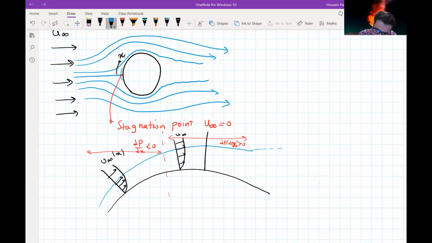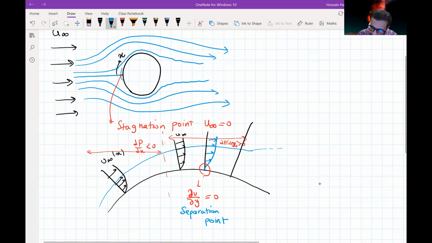If I make a plot of the velocity profile, what we have here is du/dy equal to 0. That's what we call the separation point. And what happens if I plot another velocity profile here?